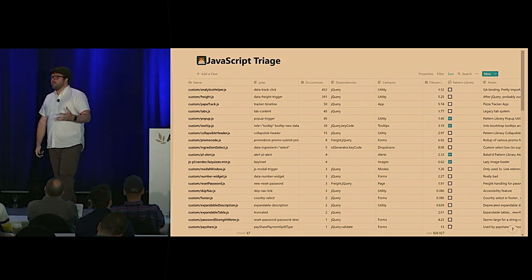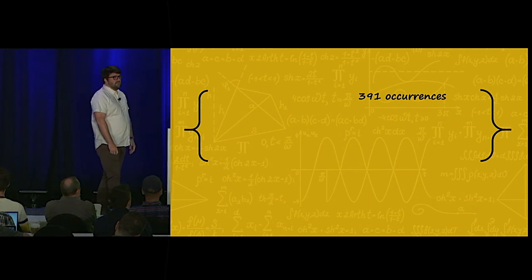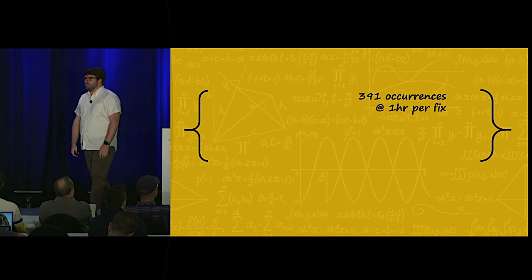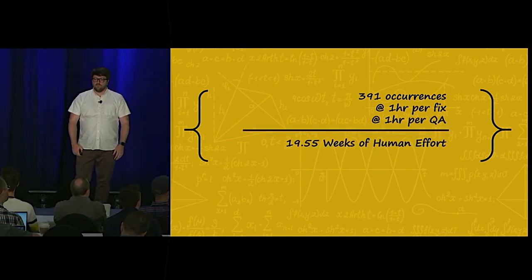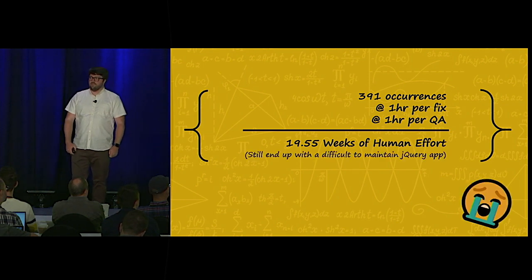We were using that 391 times in the app. And you start counting: 391 occurrences, 1 hour of my time to fix it, 1 hour of QA. Oh man, real quick math, that's 20 weeks of work to replace one file, and we still have a jQuery app.